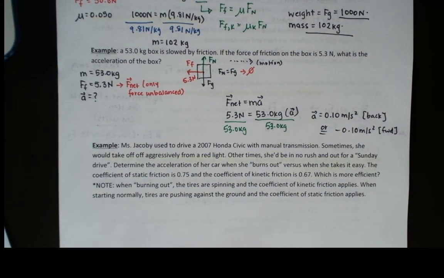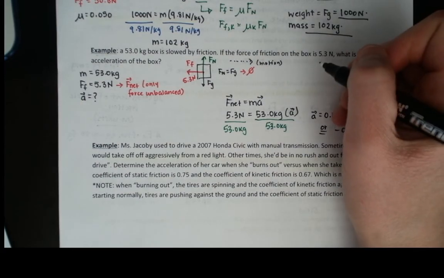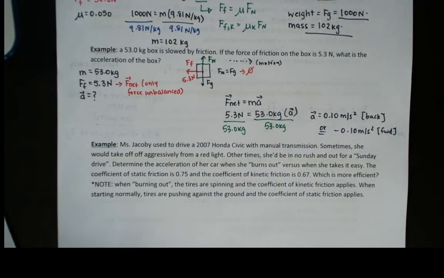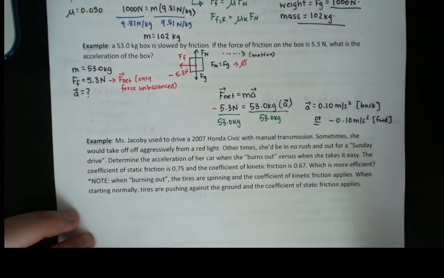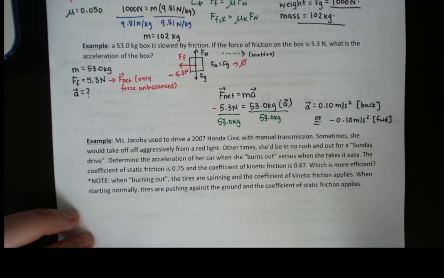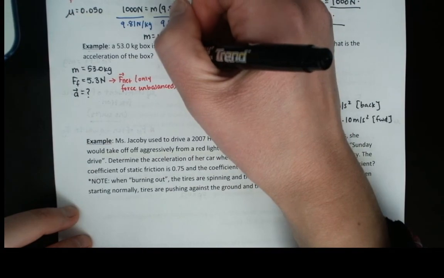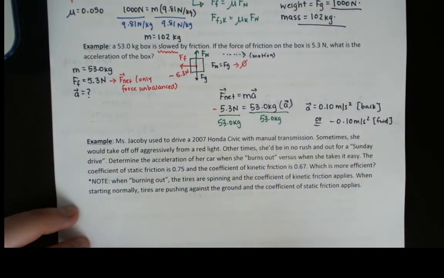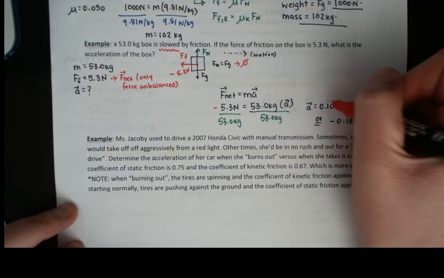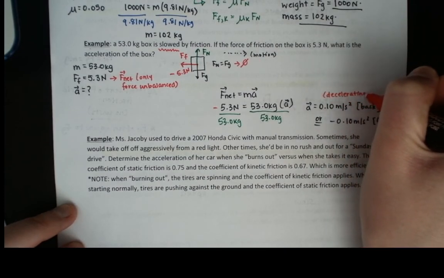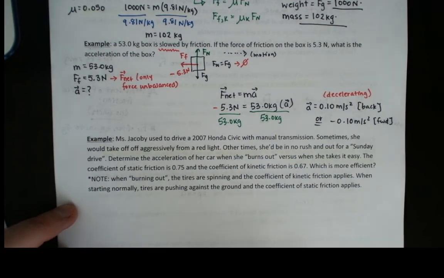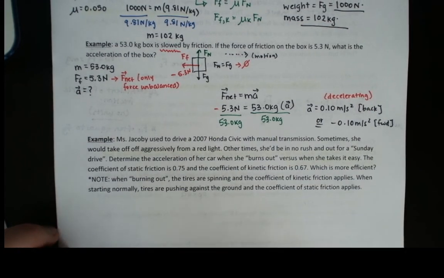What we could have also done is said that friction was a minus because it's to the left. So we could have said that this is a minus 5.3 newtons, and that would have given us a negative answer. So you just have to remember words like slowed. That means it's decelerating. So it has to either be negative or you have to say back or left.